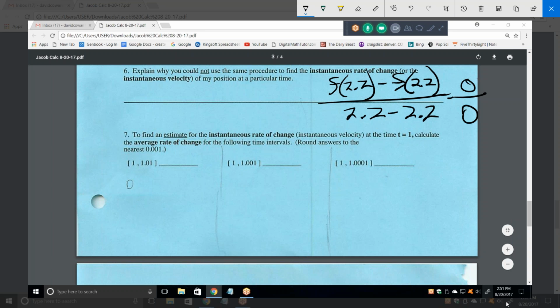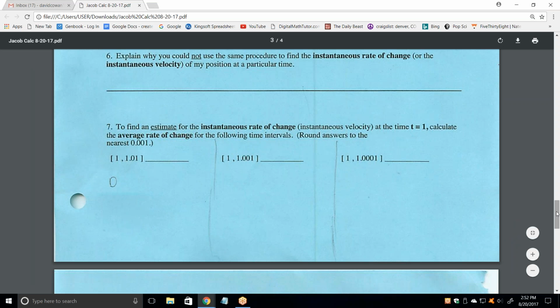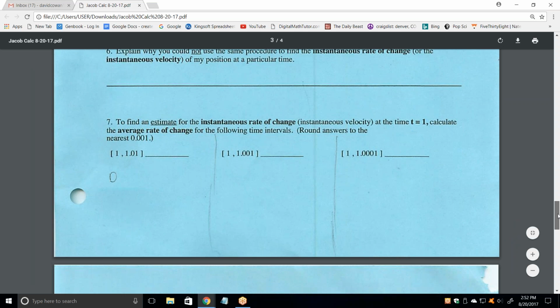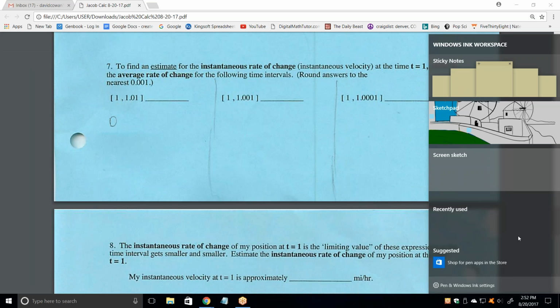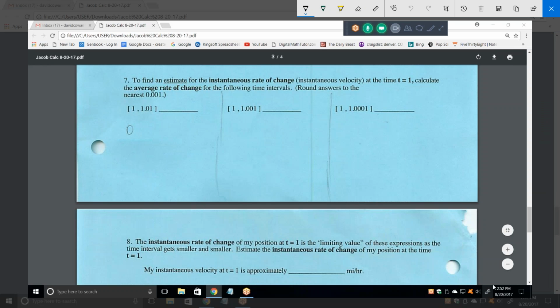Okay? Now, let's go further here. This is kind of an exercise in getting very close to the point. They're wanting an instantaneous rate of change at t equals 1. Well, we don't know how to do that yet.